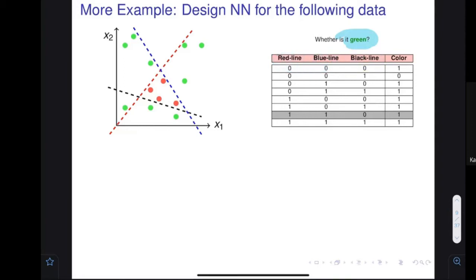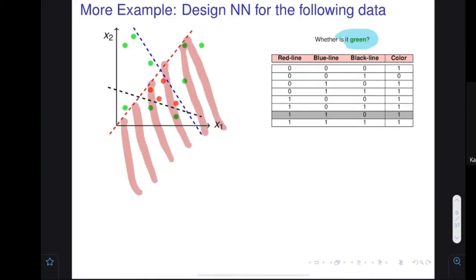So let me do only one more example and proceed. The next example is 0 1 0. Below the red line means what? Below the red line, this area. Below the blue line means what? This area.